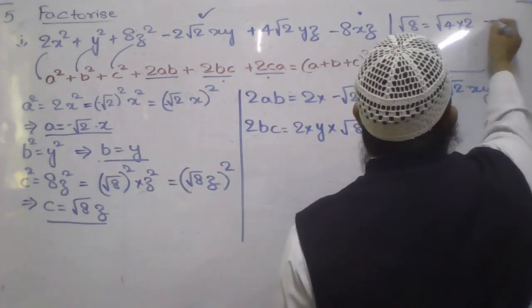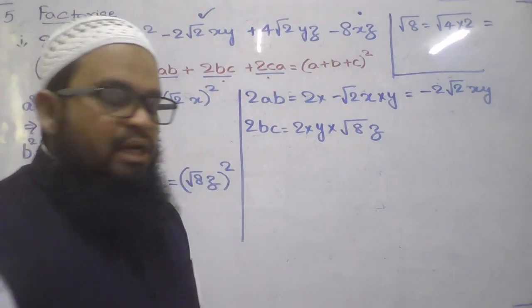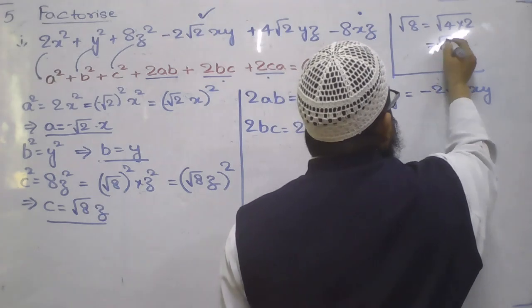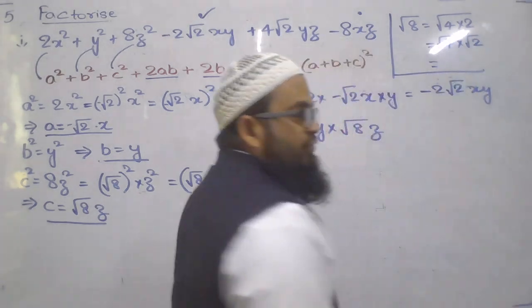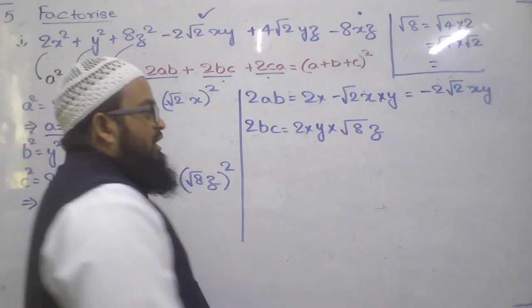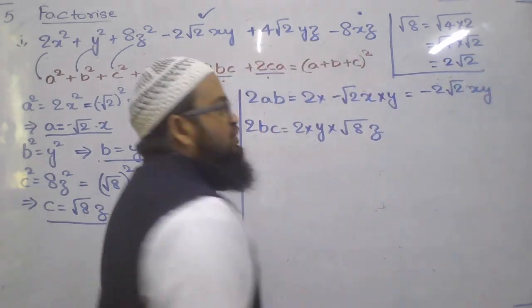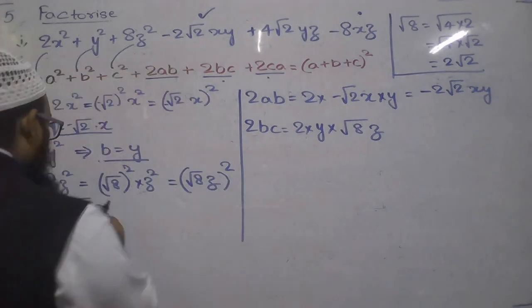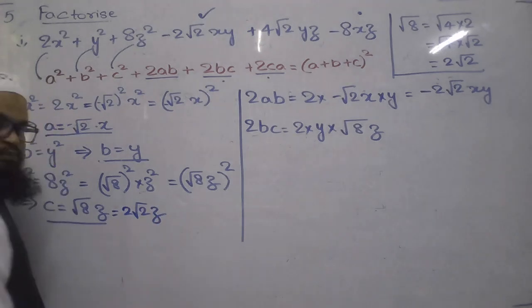So now when you have root in multiplication, can I distribute that root to both of them? So root 4 times root 2. We have studied the property of irrational numbers. Now what is root 4? It is 2. So can we write it as 2 root 2? Understood? So instead of root 8, can I write it as 2 root 2z?